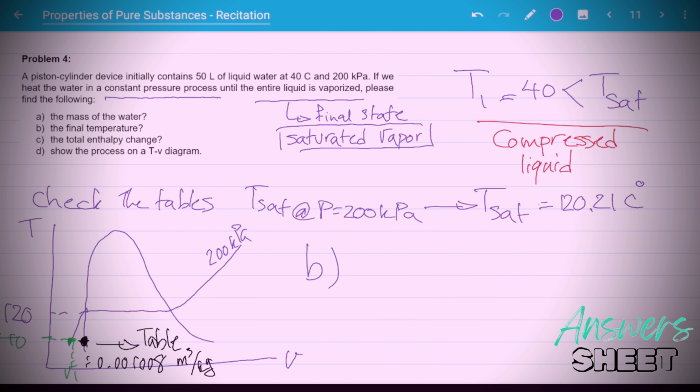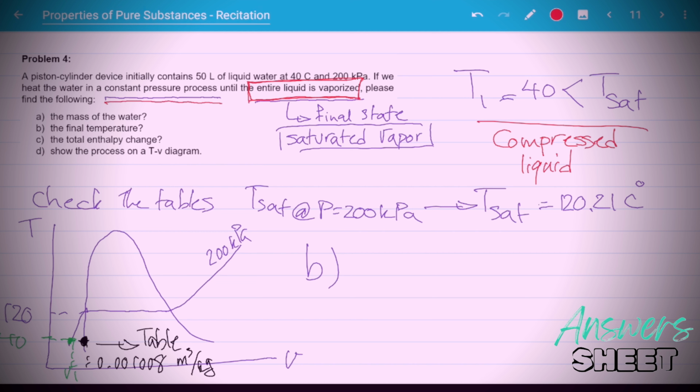Now for part B, it asks for the final temperature. Now, we need to know what the final state is. That's when this part of the problem gets important. We are dealing with a saturated vapor at the second state. We also know that the process is constant pressure, right?